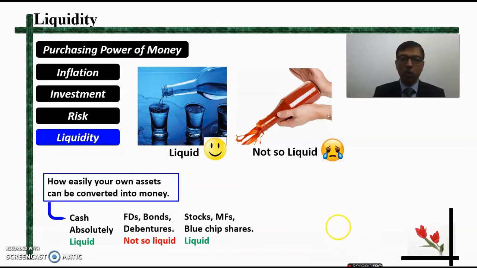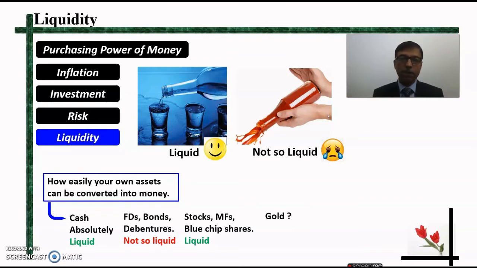Another example is gold. Now, gold in banking terms is considered to be absolutely liquid. But when you are holding gold as your personal asset, maybe in the form of coins or small biscuits or bricks or whatever you call it, in that case it may not be very liquid.